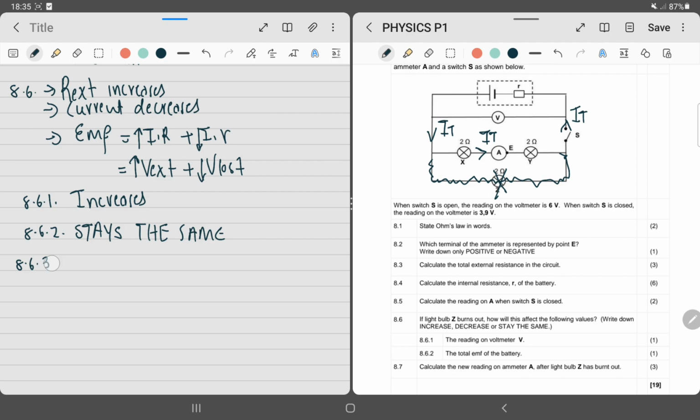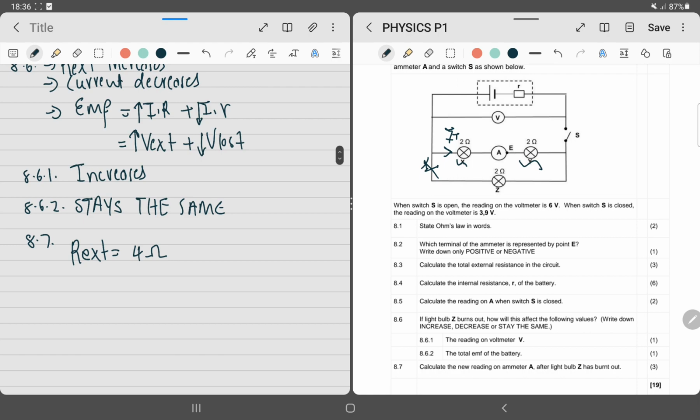8.7. Calculate the reading on A after light Z burns out. R external is going to be equal to 4, because we'll just add X and Y, since no current flows in this direction anymore. So the total current will flow this way.